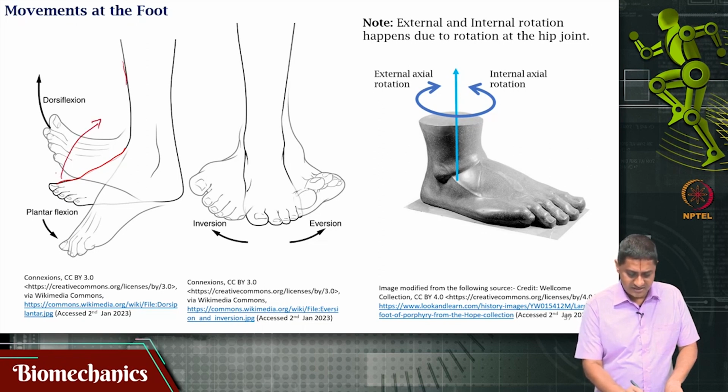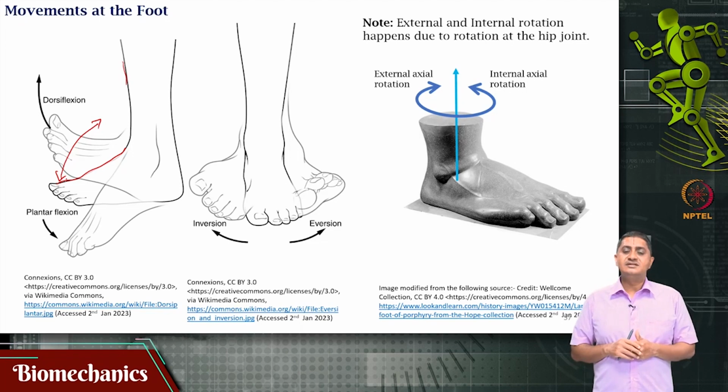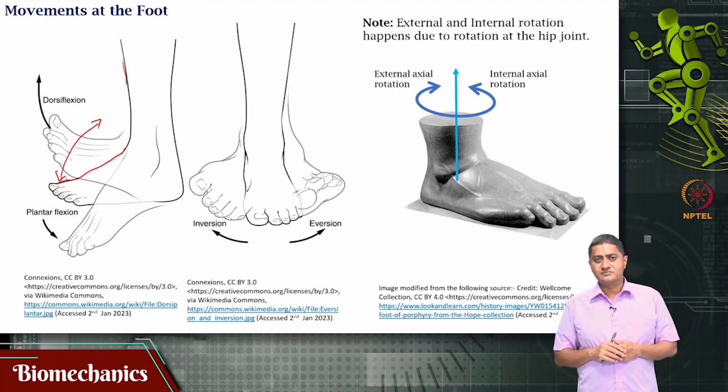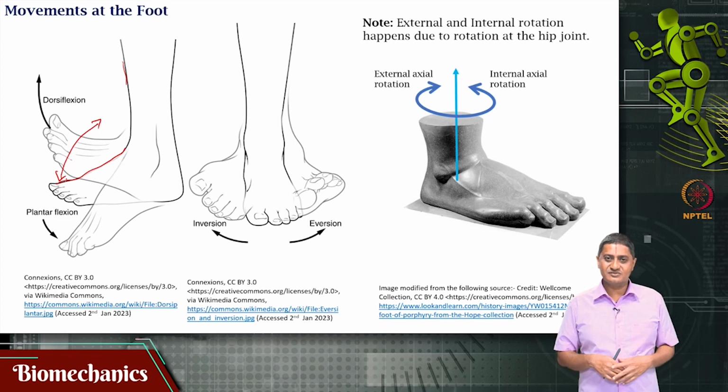That distance or that angle is reduced, right. This is called dorsiflexion. Okay. This is where the dorsal side of the foot flexes, which is why it is called dorsiflexion.